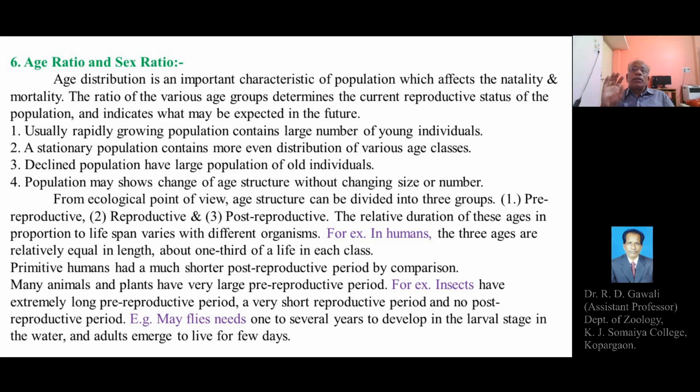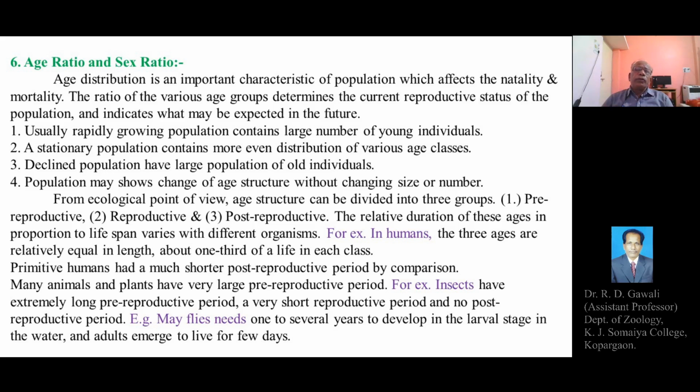The population can be divided into three age groups: pre-reproductive or young, then reproductive, that is mature or adult, and third, post-reproductive or old.